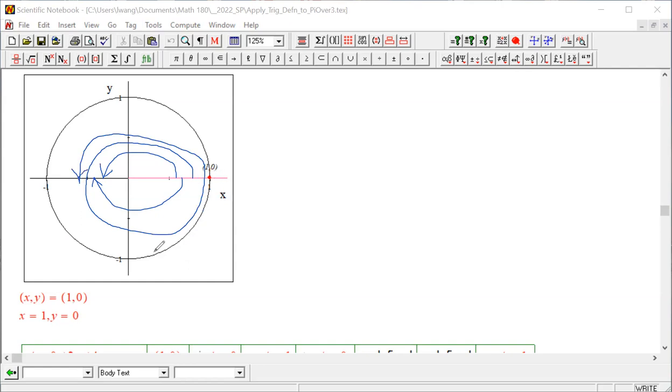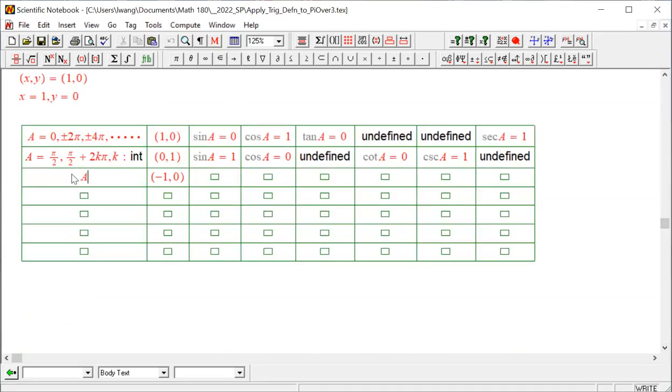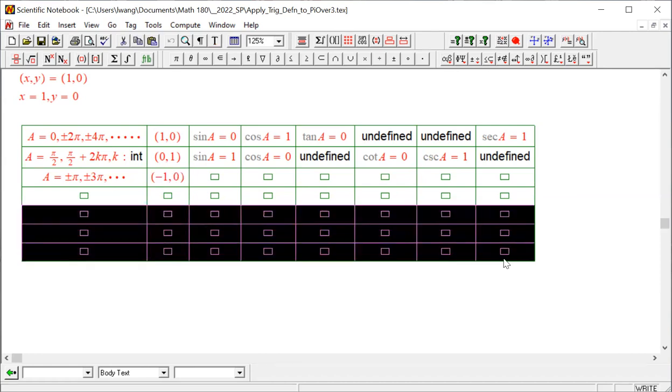Actually it could be positive or negative pi, positive or negative 3 pi, and so on and so forth. Just odd number multiples of pi, and the point on the terminal is that.